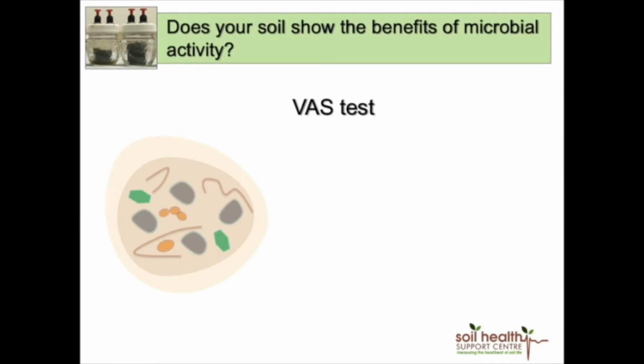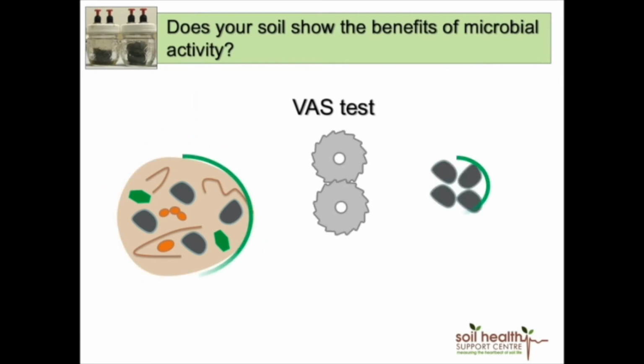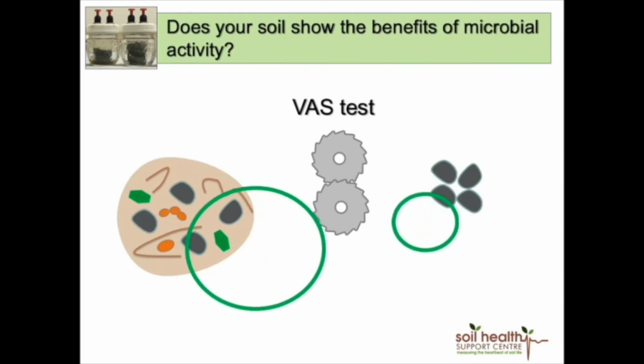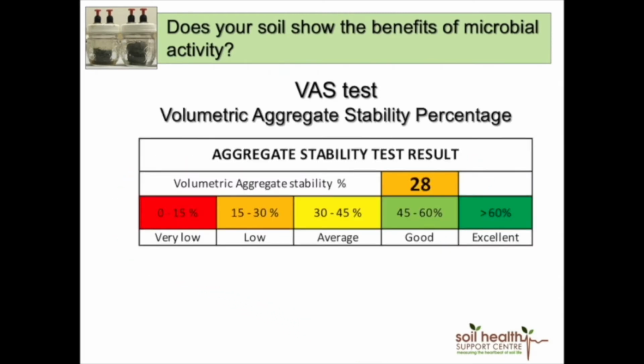The aggregates are a combination of organic matter, debris, minerals, dead plants, and microbial materials, and very importantly, it contains molecules that hold these components in place, and this aggregation can only be achieved over time with extensive microbial activity. The soil is dipped in water so that only stable aggregates remain. The stable aggregates are mechanically removed, and the difference in diameter is used to calculate the volumetric aggregate stability percentage.